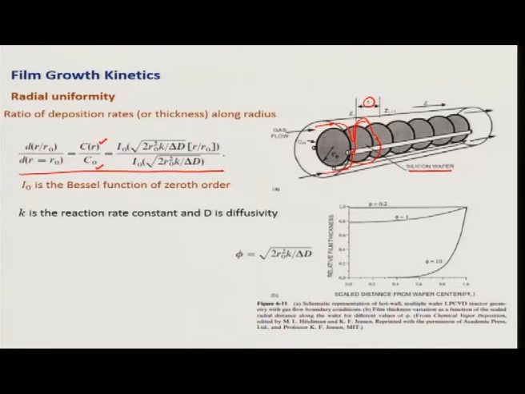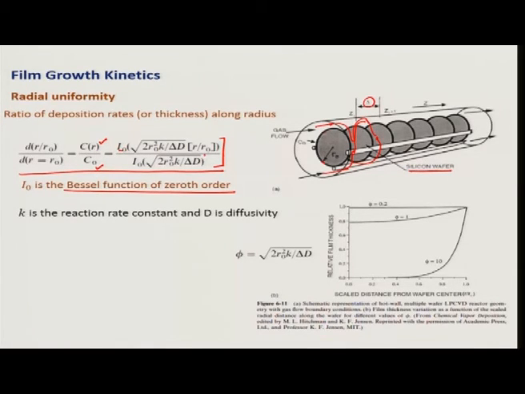So, C0 is the concentration here at R0 at the periphery, and Cr is at any radius. This is the ratio between the two, where I0 is the Bessel function of 0th order. We do not need to worry about this. If you know the quantity in the brackets, you can find the Bessel function of that quantity in a standard mathematical table.